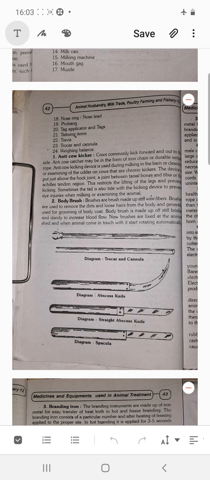Sometimes the tail is also tied with the kicking device to prevent eye injuries when milking and examining the animal. This is a very important tool. Unfortunately, there is no diagram of the anti-cow kicker in this book.